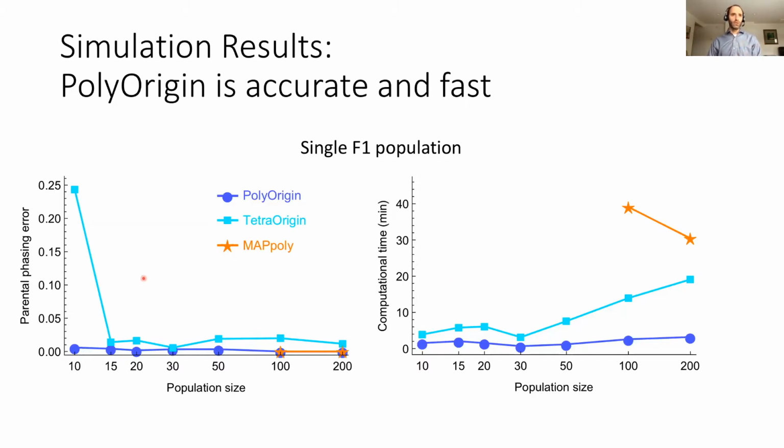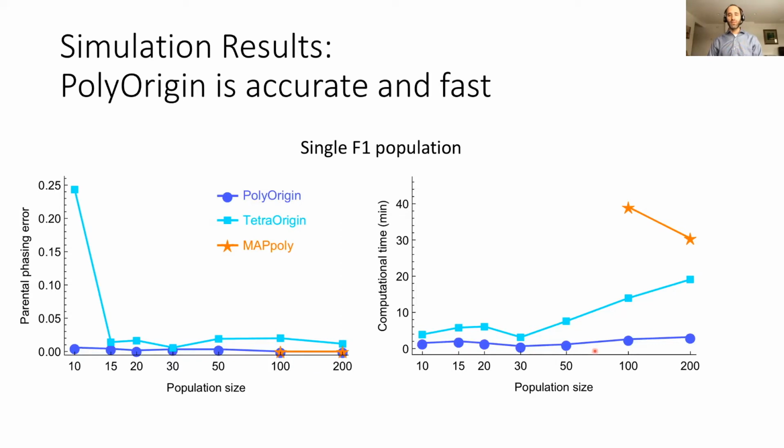On the left panel is the parental phasing error. Using a simulation, we know what the correct phase is, and then we can see how well the software reconstructs that. The error is very comparable between PolyOrigin and MapPoly, however TetraOrigin has a little bit higher phasing error because it doesn't have as flexible an error model for the parents.